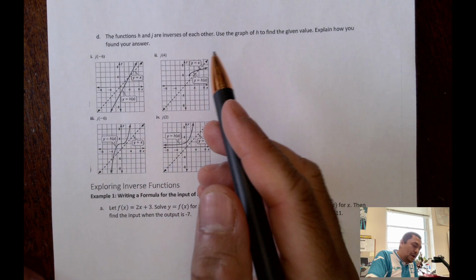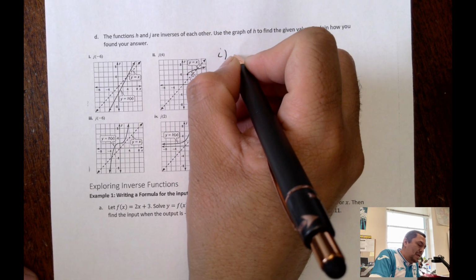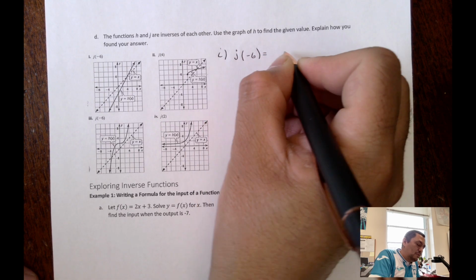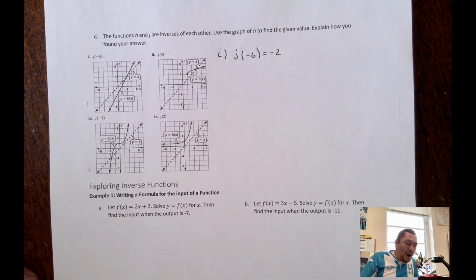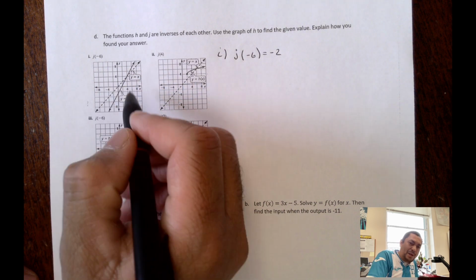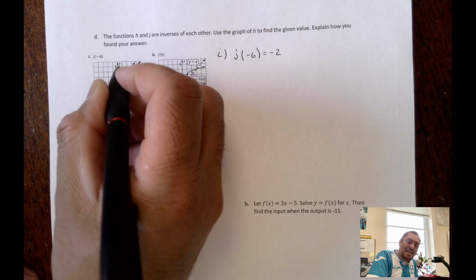So in this case, for the first one, I have j of -6 equals -2. Why -2? Now observe this grid, it goes by 2. So this is 2, 4, 6, 8.